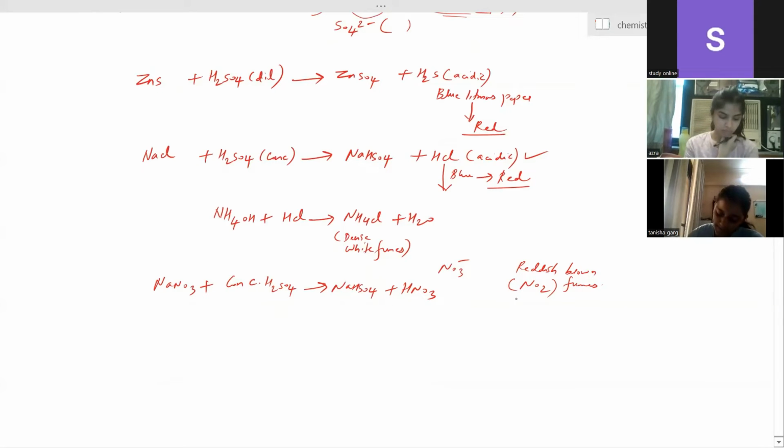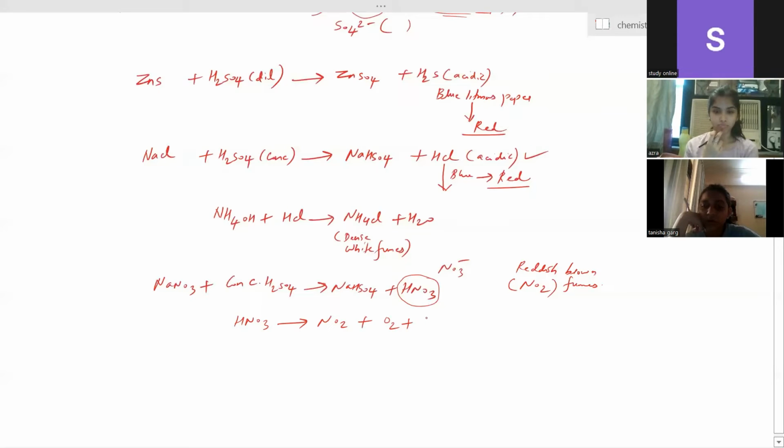So how will we get reddish brown fumes from nitric acid? When it is decomposed. So what should I write? HNO3 will decompose to NO2, O2, and, Tanisha, what would be the next?